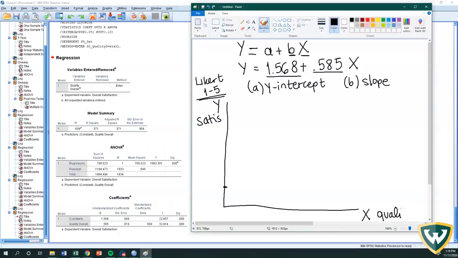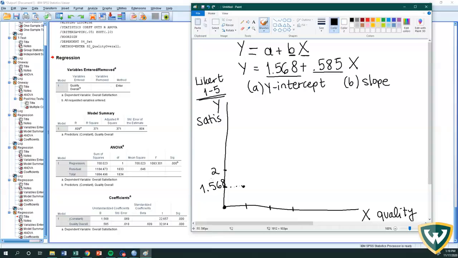So if the quality perceptions of customers are equal to 0, which is a hypothetical value because my Likert scale ranges from 1 to 5, so it technically starts at 1, but if it's 0, then the y-intercept is intercepted at 1.568. And then for a 1 unit increase in quality, X, my Y is going to increase 0.58.